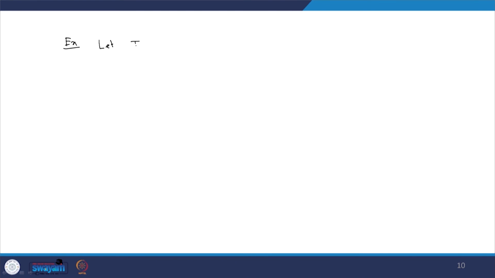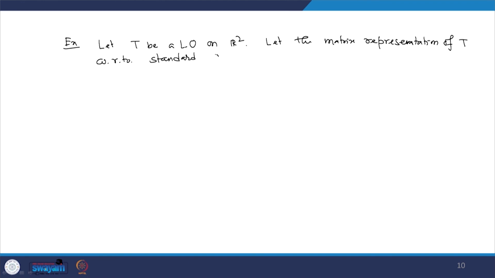Let T be a linear operator on R2. Let the matrix representation of T with respect to the standard ordered basis of R2 be, say, capital A, which is equal to, let me write down, 0 minus 1 1 0.